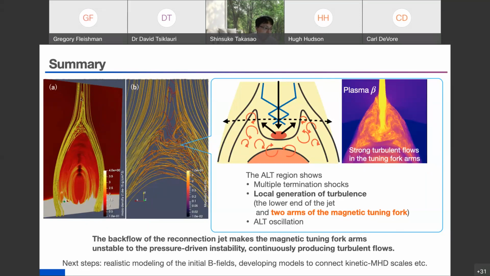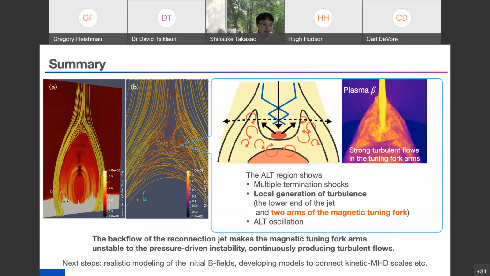If the magnetic field has a large guide field, then I guess that a large amount of the energy will be transported to the lower atmosphere in the form of waves, like Alfvén waves. So that should be investigated as well. Okay, thank you.